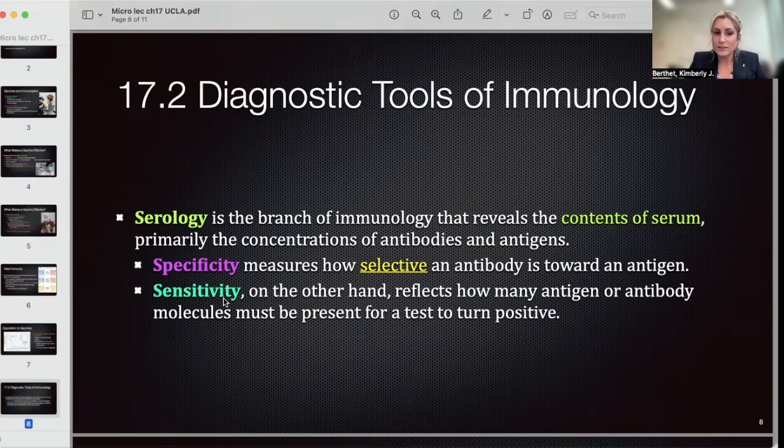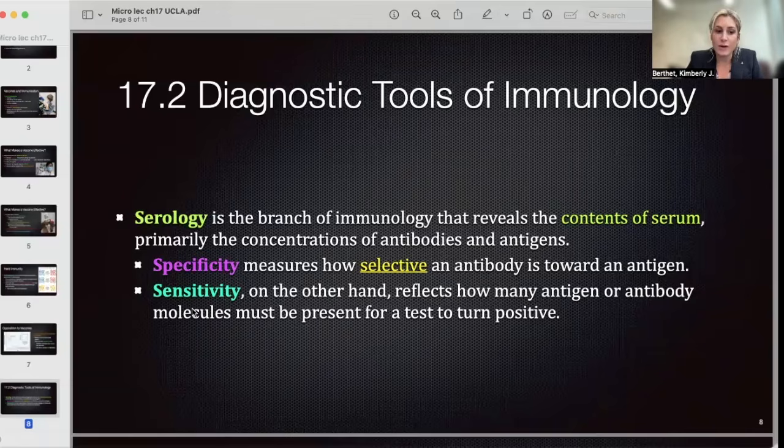And we also need sensitivity. If you remember, looking at the types of assays that we've had for COVID, there was a PCR-based assay that was more accurate. Then there was also the take-home test assays, which were less accurate. And that had to do a lot with the sensitivity itself. So sensitivity is how low of antibody or antigen that can be detected in a sample in order for the test to turn positive.